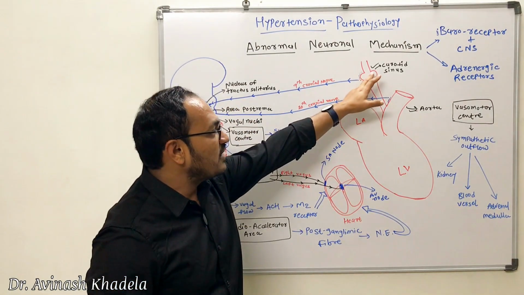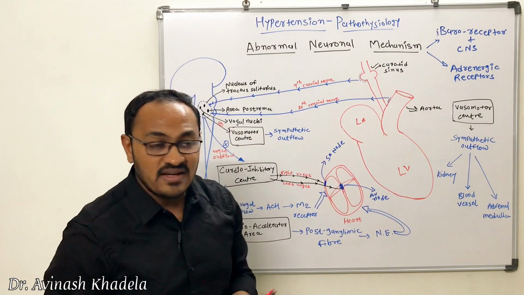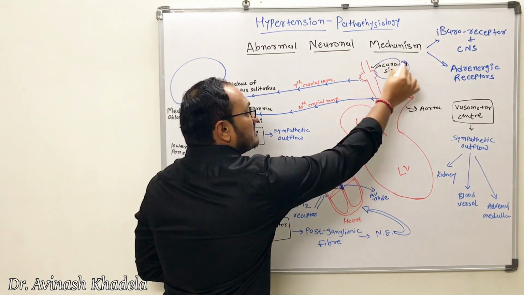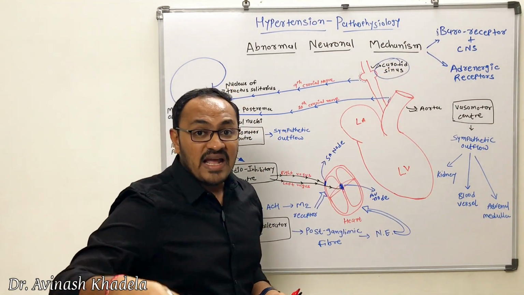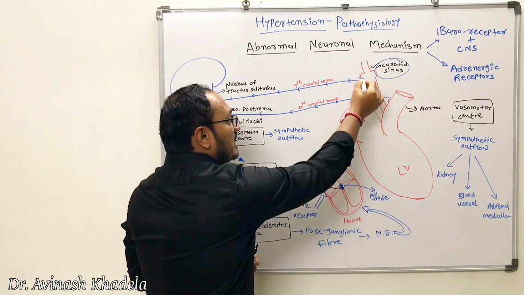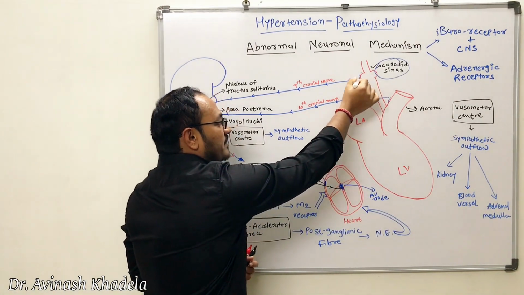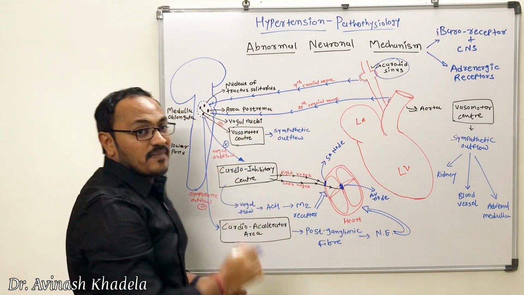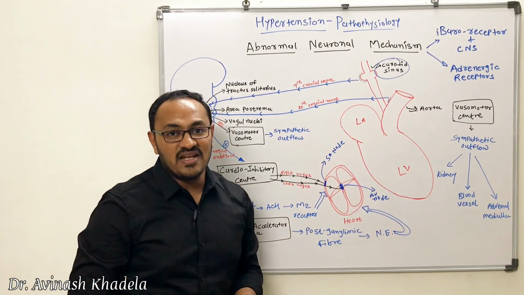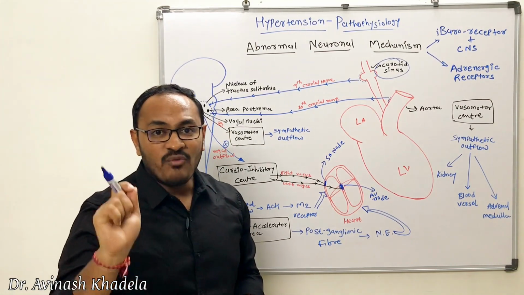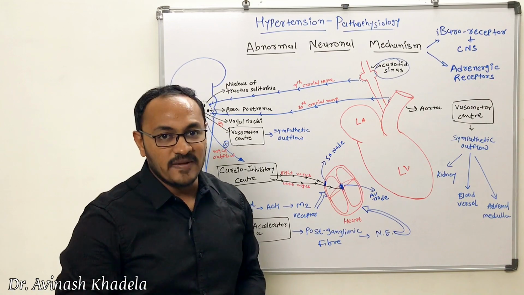So first of all, when the carotid sinus senses the rise in blood pressure, it will give a signal through the baroreceptor to the central nervous system via the 9th cranial nerve. We have 12 cranial nerves in the human body.